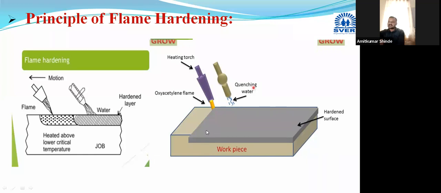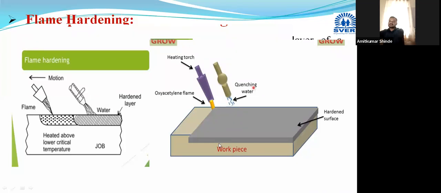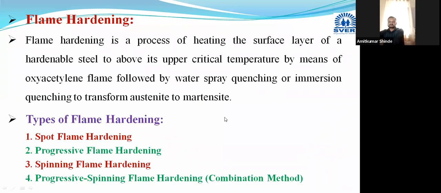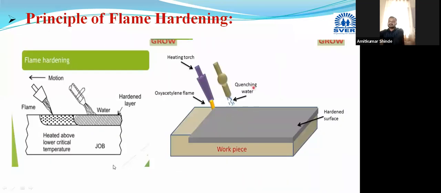Why is this hardening happening? Due to heating above the upper critical temperature, there will be austenite formation, and due to sudden quenching, that austenite will get transformed to martensite, and that martensite will give you the hard and wear resistant surface. This is the working principle.